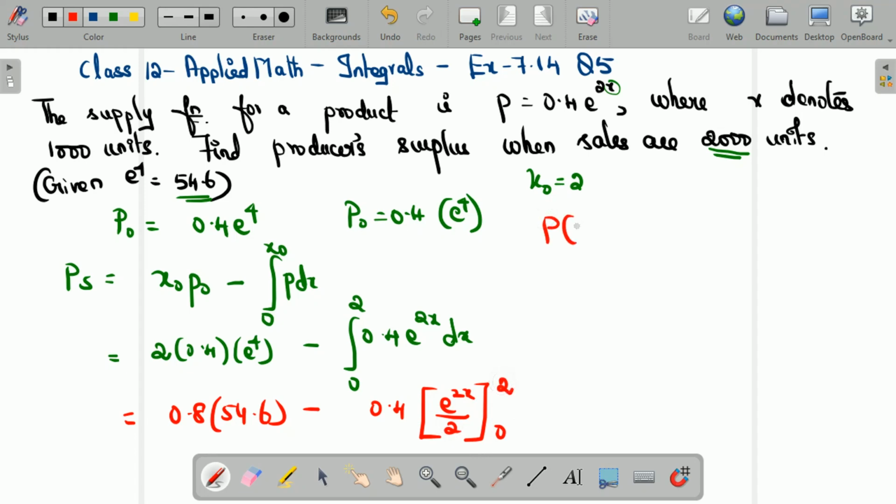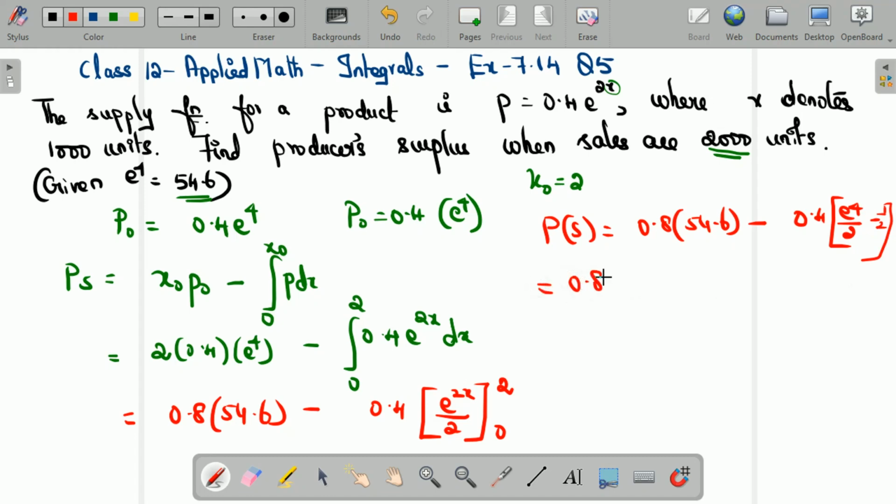So PS is going to be given as 0.8 into 54.6 minus, now let's substitute the upper limit, so this is 0.4 into, the upper limit is 2 into 2, so e^4 by 2, minus the lower limit, e^0, anything to the power 0 is 1, so minus 1 by 2.